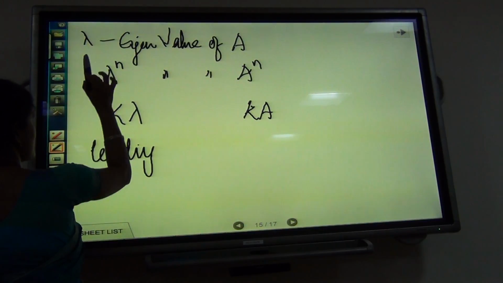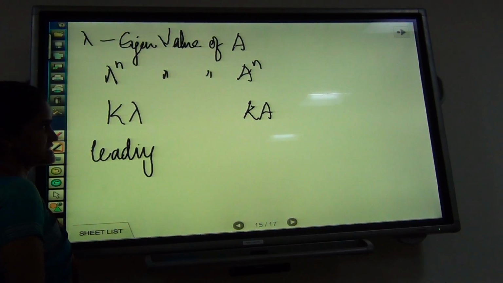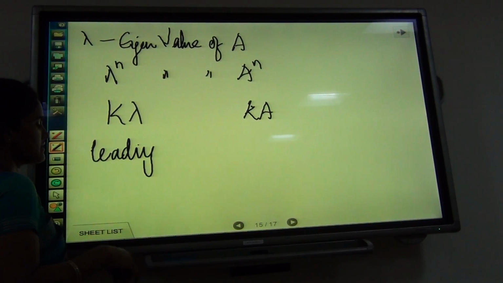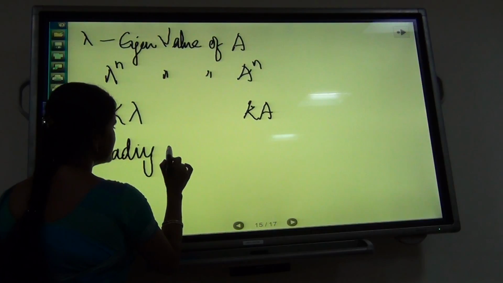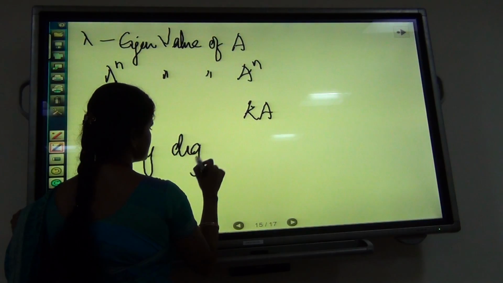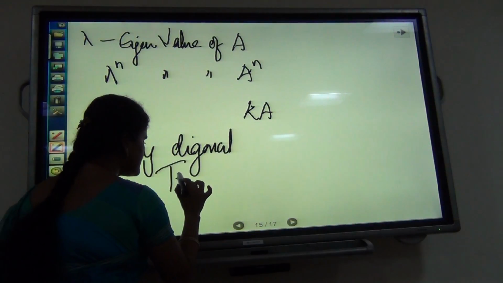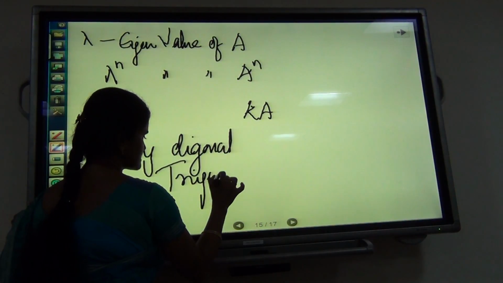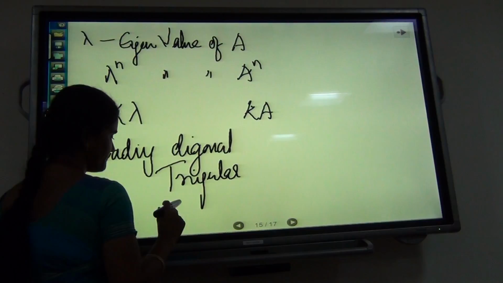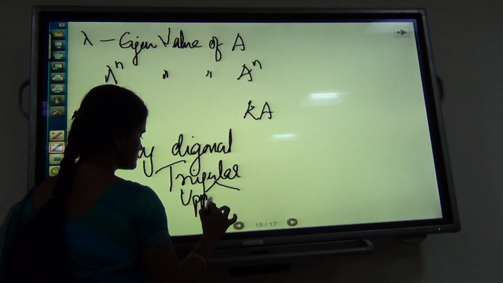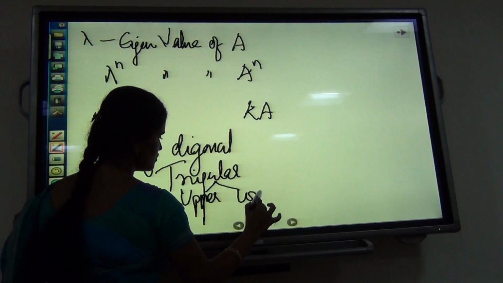Next property. I have clubbed all the properties 3, 4 and the last two properties together, so all of that put together we have given. And the next is the leading diagonal elements of a triangular matrix, in case this is upper or lower triangular.